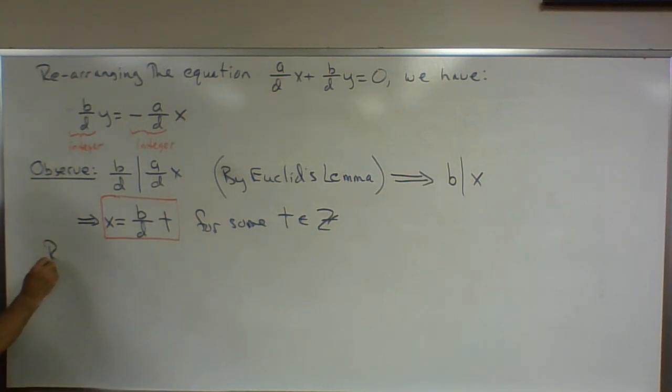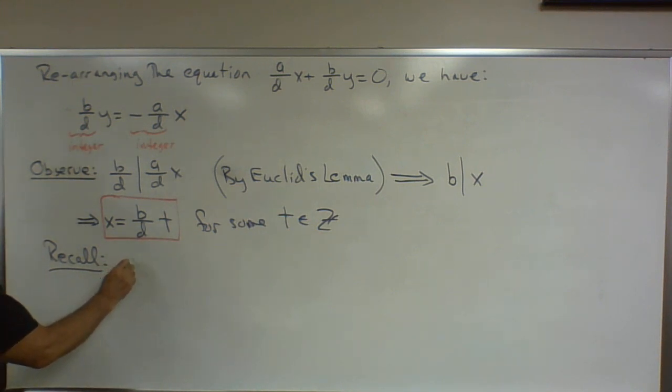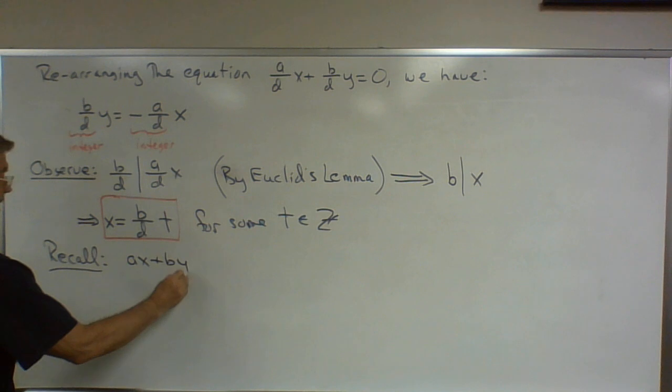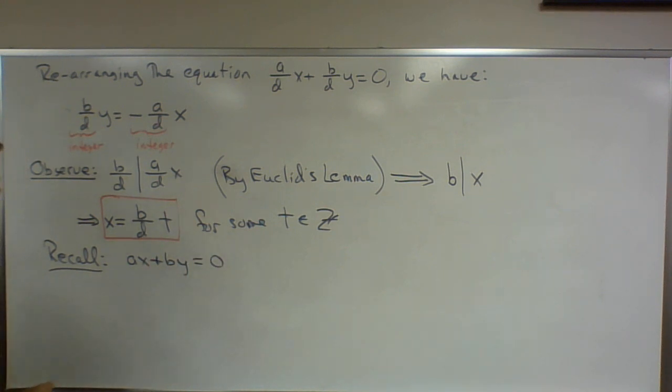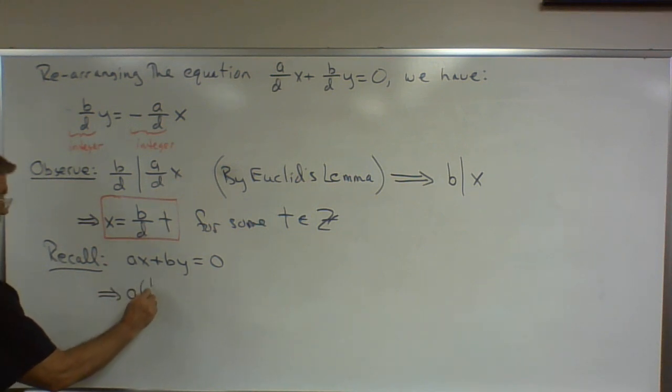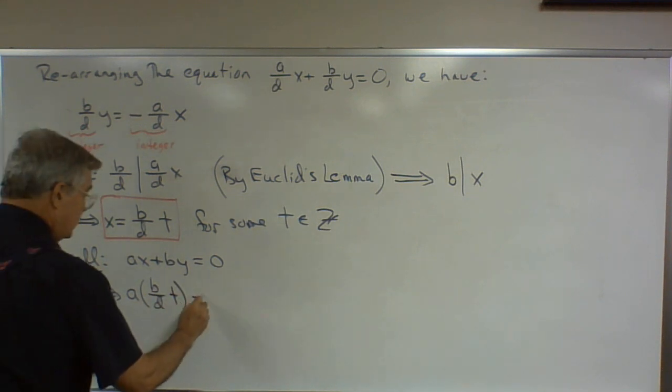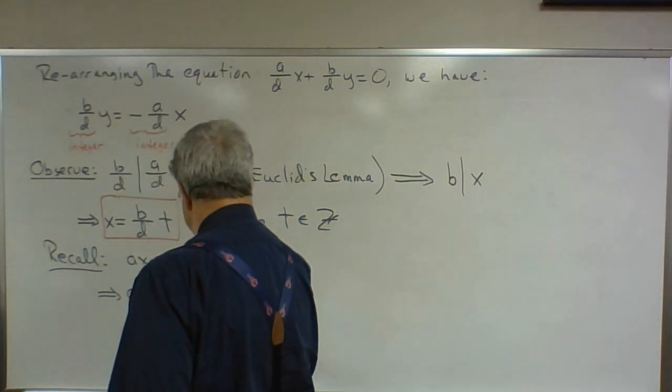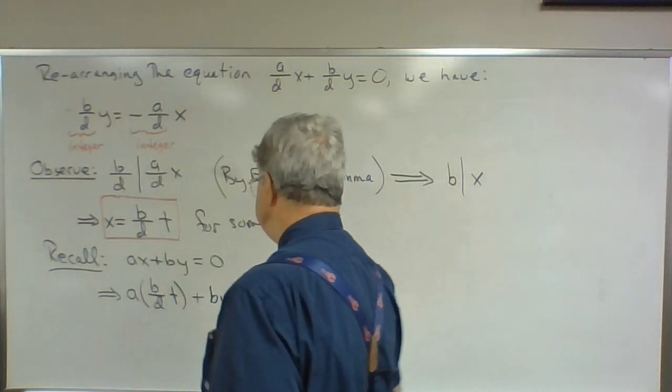And to get there, let's recall how we first started out. ax plus by equals 0. That's where we started out. And why are we going back here? Because we're going back here now because we know what x is. ax, where x is b over d times t, plus by is 0.